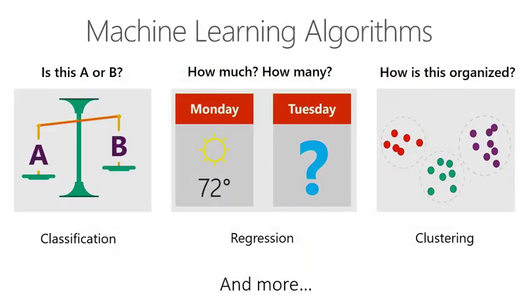What is machine learning and what are machine learning algorithms? The most common are those three. The first is called classification. Classification distinguishes and can realize, if we have some properties and we provide a third property, whether this property is type A or type B. Regression is used with quantitative data, and we can distinguish how much, how many.